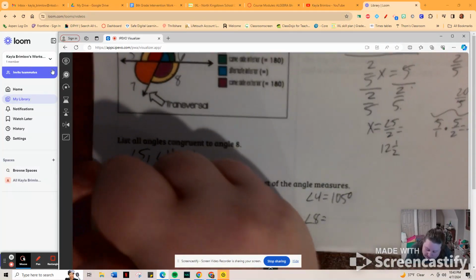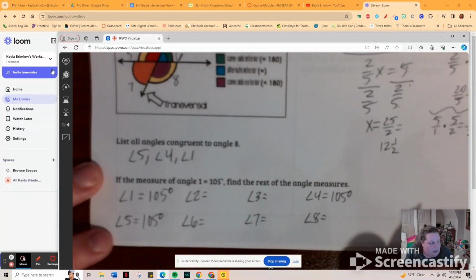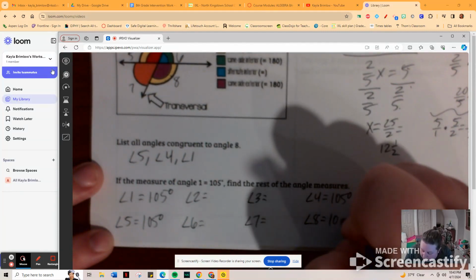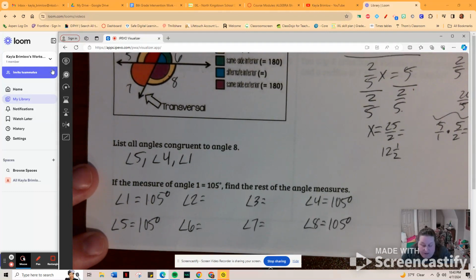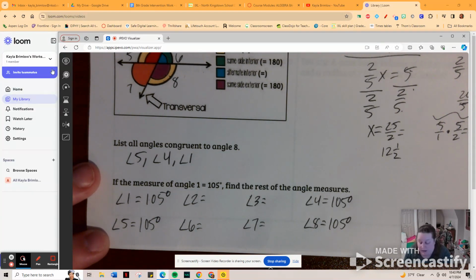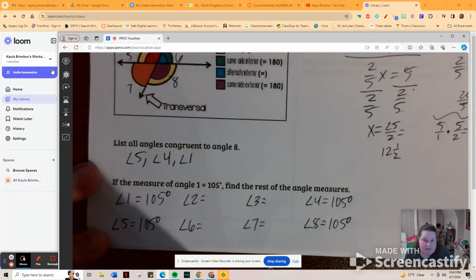So angle 5 is 105, and our last angle would be 8, which is 105 degrees. It's vertical to 5, alternate exterior to 1, and corresponding to 4. So several different examples there. 2, 3, 6, and 7. Once we find one of those, we'll find the rest.